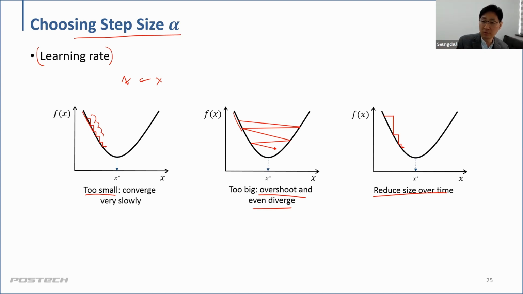So at the initial phase, we have a large value of alpha, and later on we will decrease the value of alpha in order to have small steps to do a small search in the neighborhood. That's one of the options.